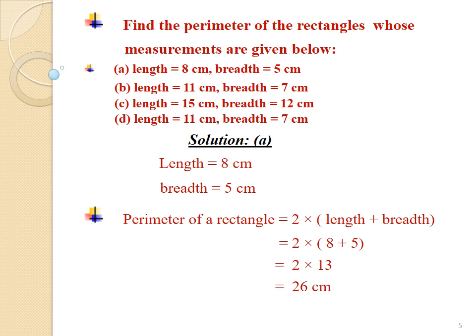Students, note that first of all, you have to solve the bracket and then you have to multiply this sum which you obtain by 2. Thus, adding 8 plus 5 and keeping 2 as it is, we get 2 into 13. Now, multiplying 13 by 2, we get 26. Thus, perimeter of a rectangle equals to 26 centimeters.